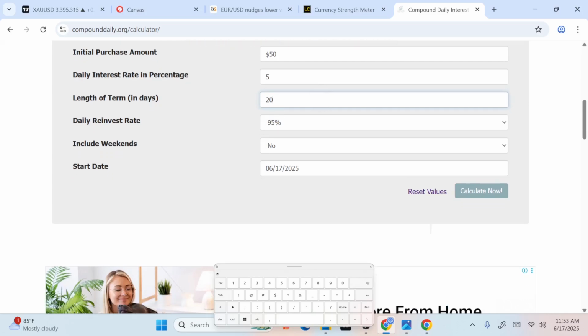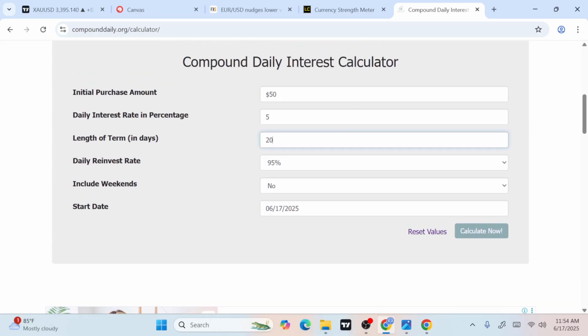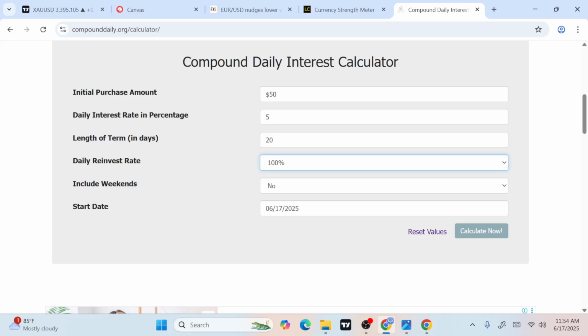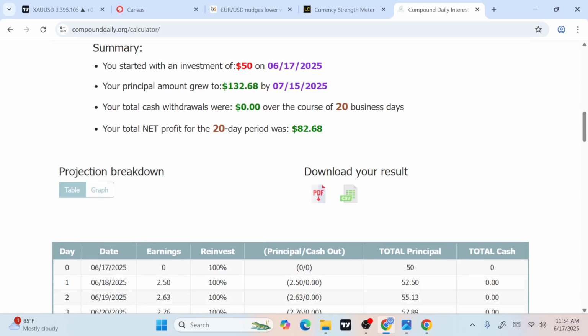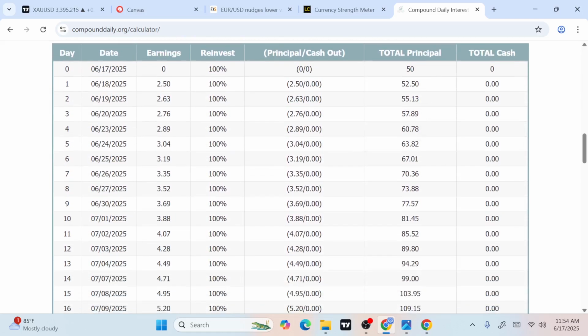So 20 days in a month for $50, you are doing 5%. You are not trading Bitcoin on the weekend, and you are putting 100% back in. In 1 month, your money will go to $132, if you are following your structure.